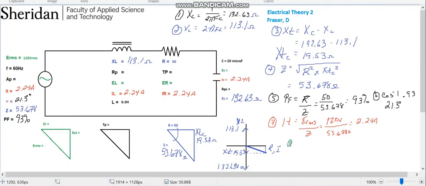So step number 8, we'll find our voltage capacitive, which we say is our amperage capacitive times our reactance capacitive. So it'd be 2.24 amps times 132.63 ohms.